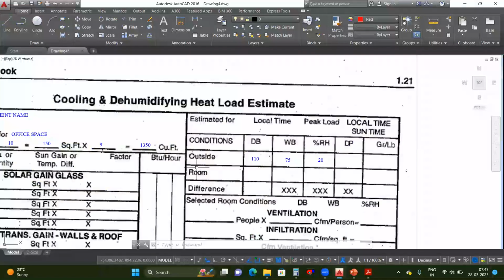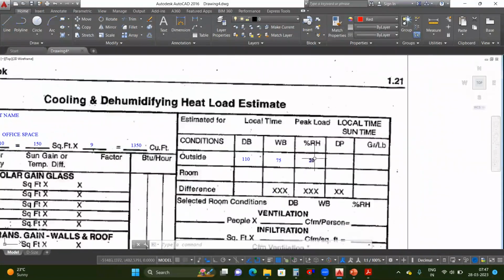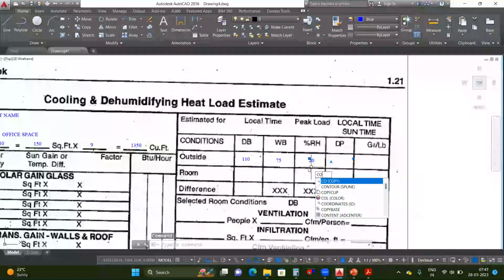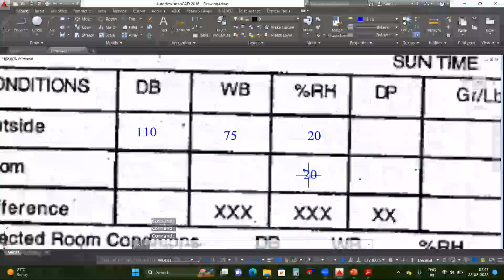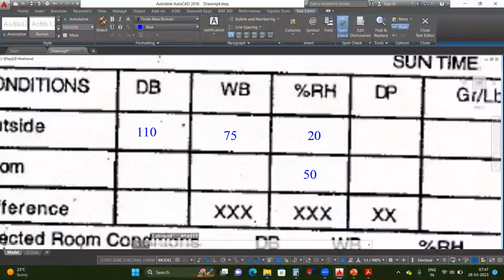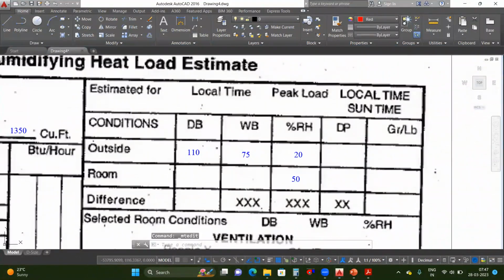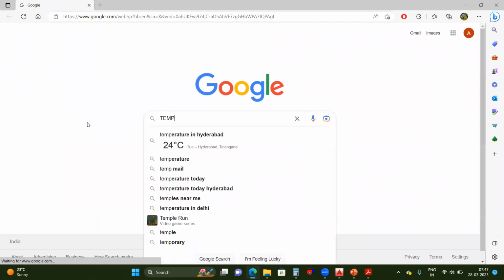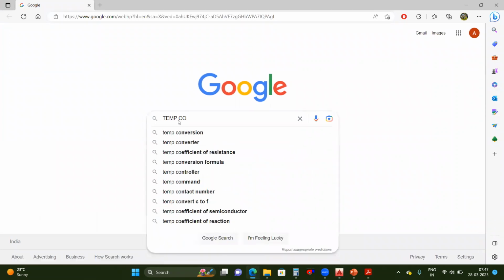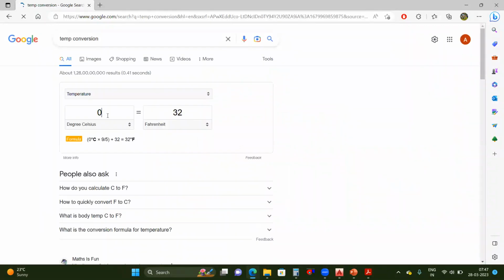So I'll write, these are the room conditions. I'll write 50 here for relative humidity. Then I will convert 24 degrees Celsius to Fahrenheit. That is 24, so in Fahrenheit we are getting 75.2.